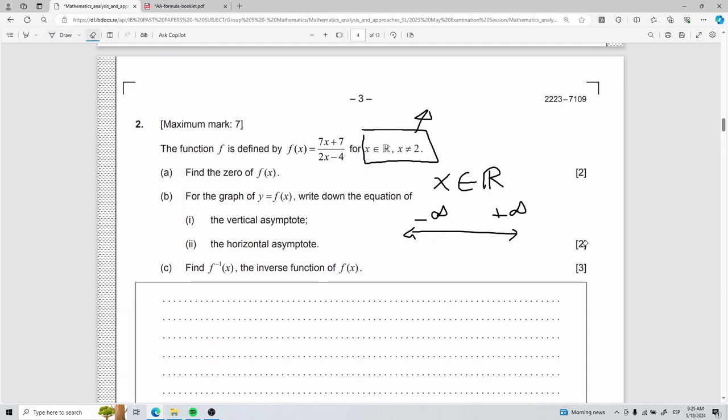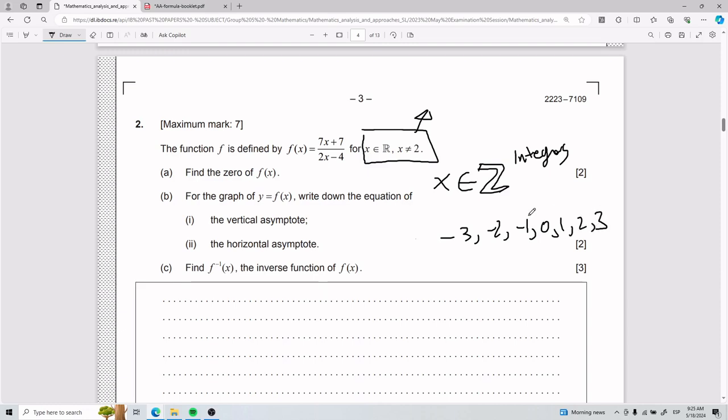This might be important in another exercise if they tell you that x pertains only to, for example, Z, which is like a very fancy Z. This would be integers, and integers are -3, -2, -1, 0, 1, 2, 3. So it would be whole numbers, right? And so a detail like that can be very relevant.